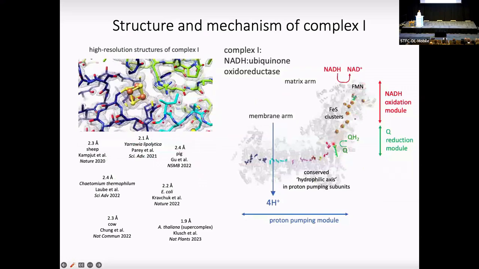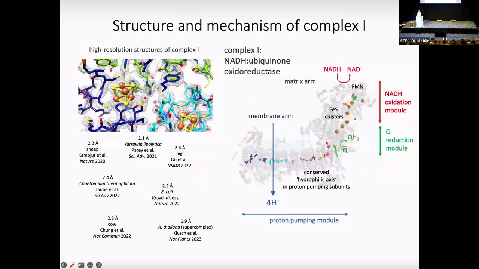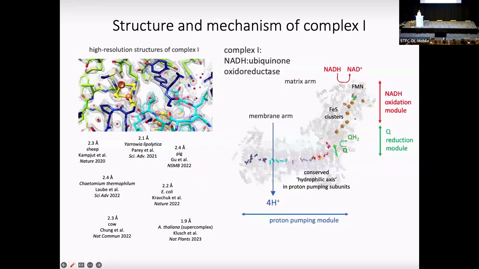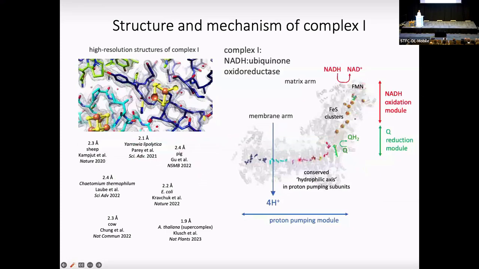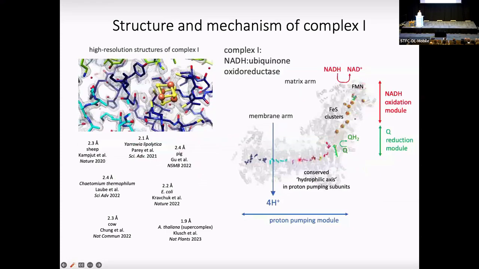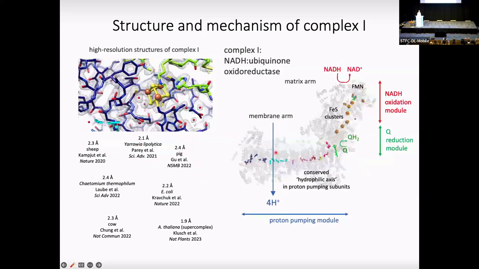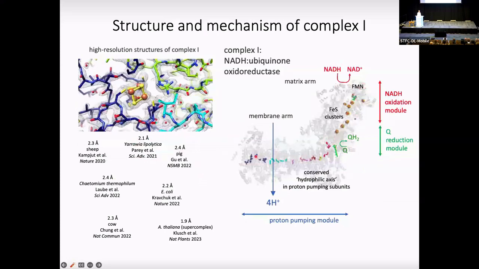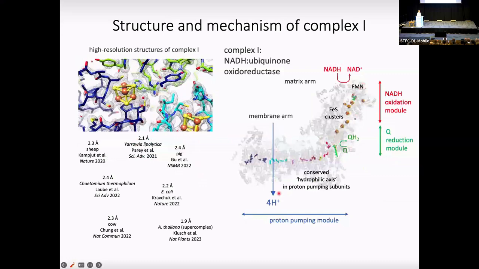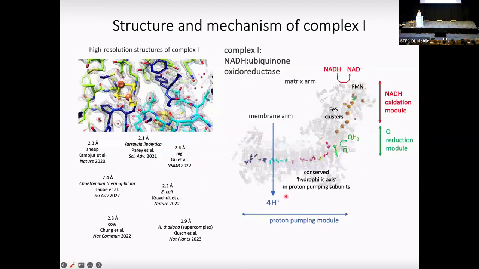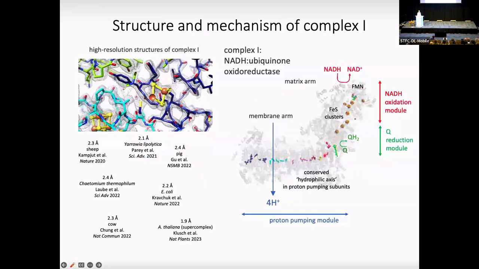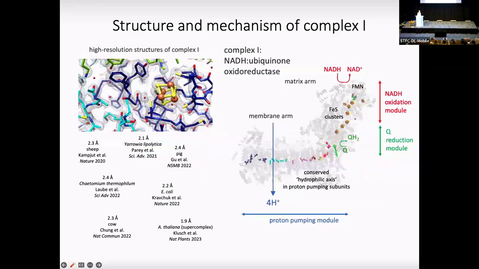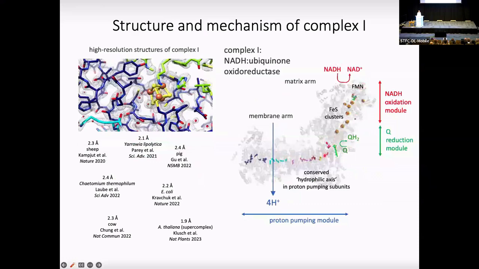And then somehow this triggers the transfer of protons across a series of conserved hydrophilic side chains in the middle of the membrane and lots of water molecules. And as I said, transports 4 protons. So we're learning a lot about how this actually works, but this is not the topic of my talk today.